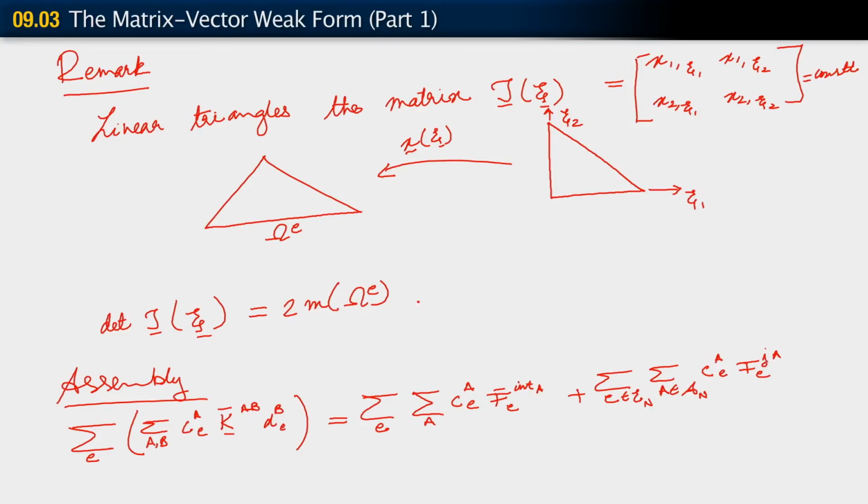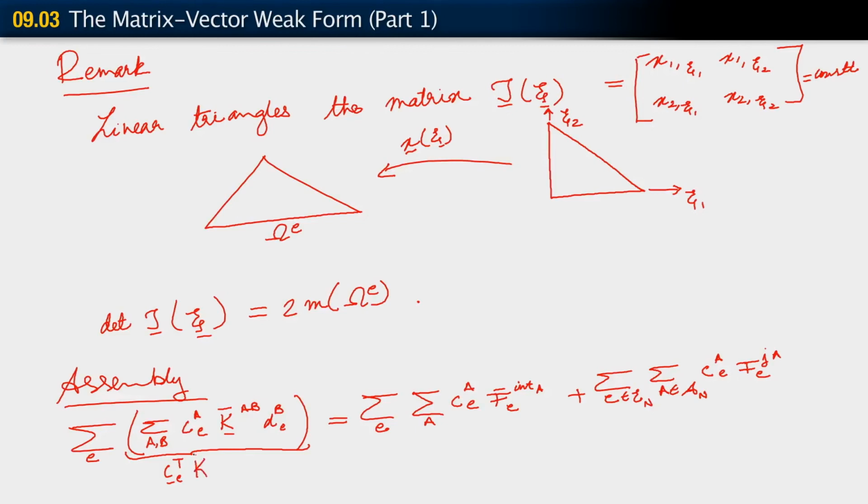Assembly is what lets us go from here to a single matrix. And now actually everything's just the same. Nothing is any different. We first of all can get rid of the sum over degrees of freedom in each element by writing each of these sums using matrix vector notation. So we here introduce the row vector of weighting function degrees of freedom.